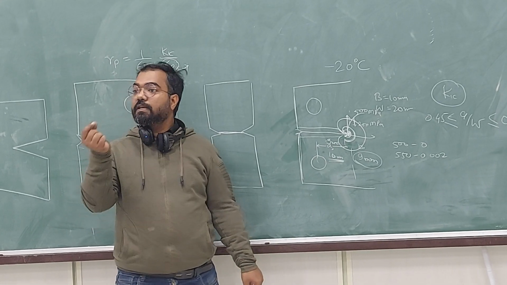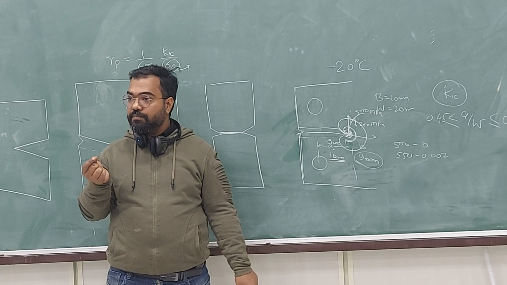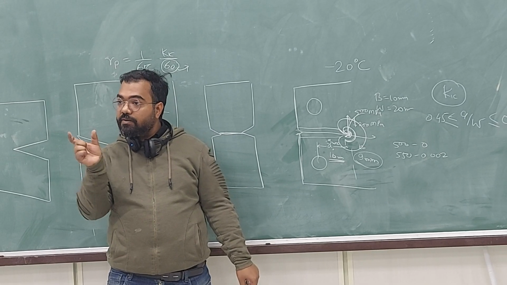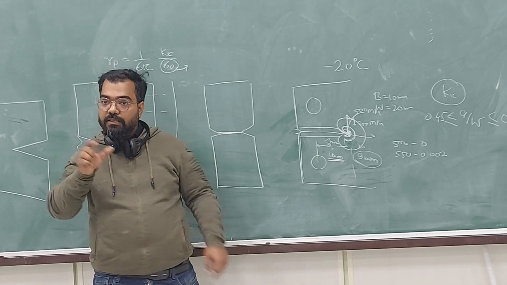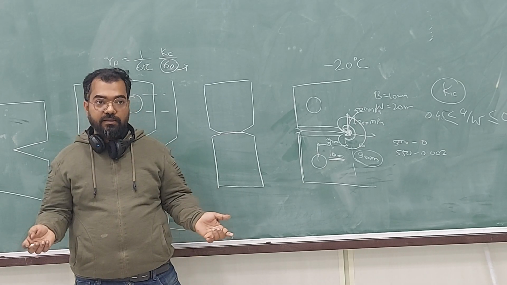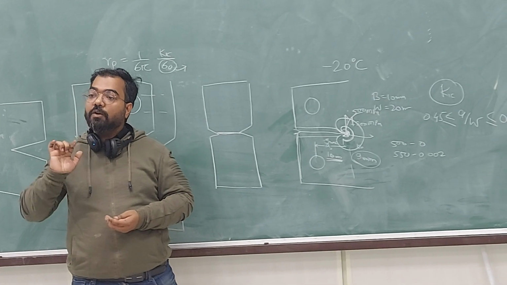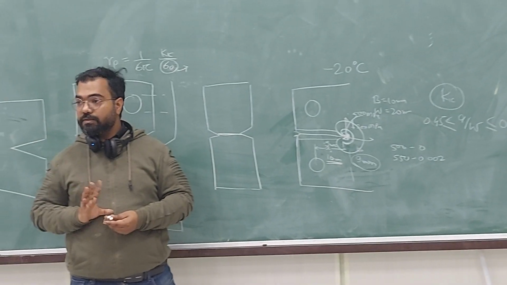You are testing a plastically deformed material. Whatever is happening is in the deformed material, not in the real material to begin with. So you have to ensure that monotonic loads are always higher than the fatigue stage loads.